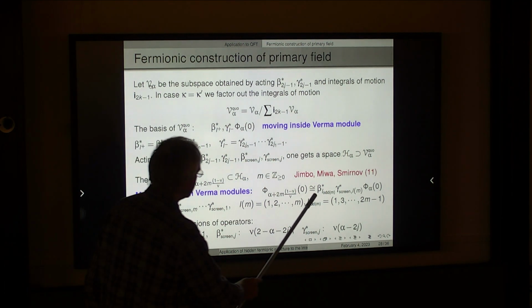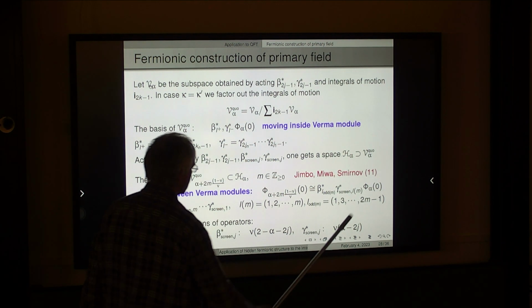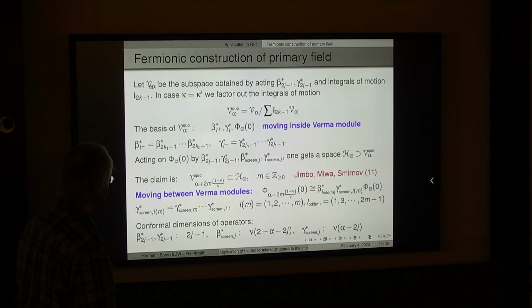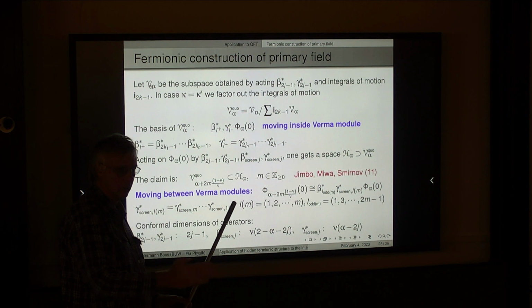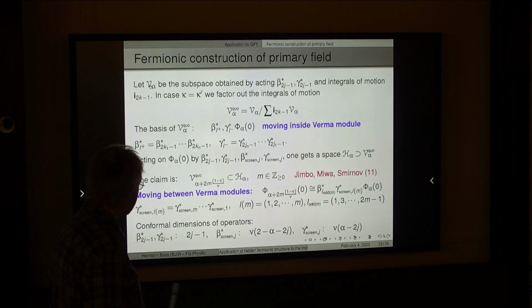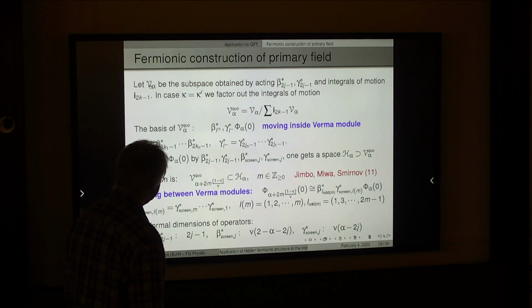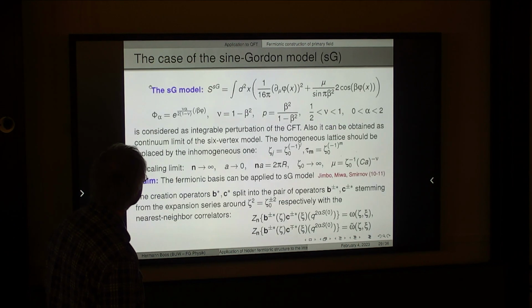So in fact, if we act also by screening operators on phi alpha, note that what we do, we move between Hermann modules. And this is what we call shifted Hermann modules.